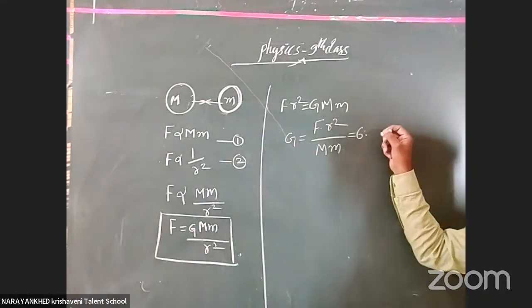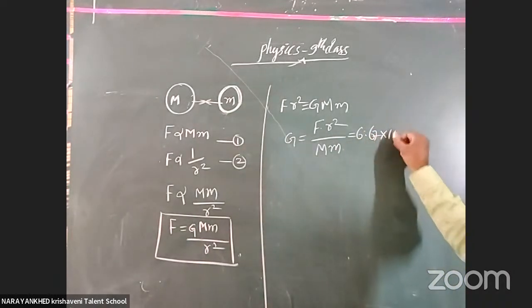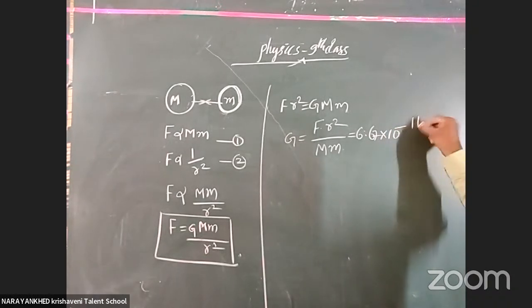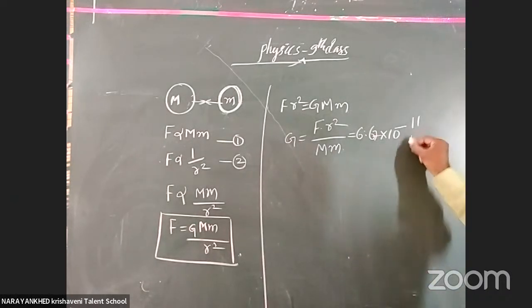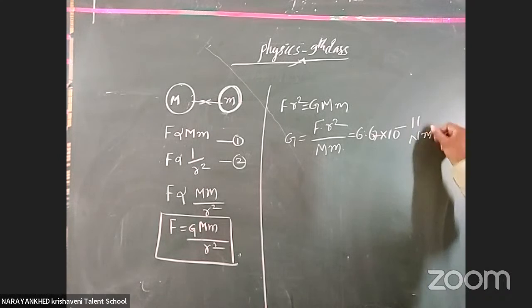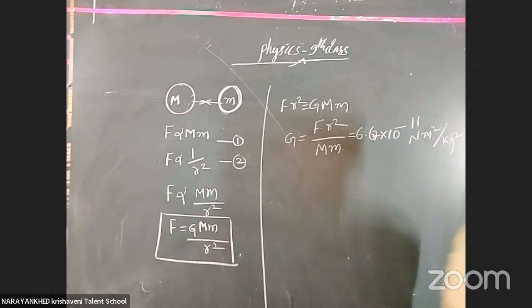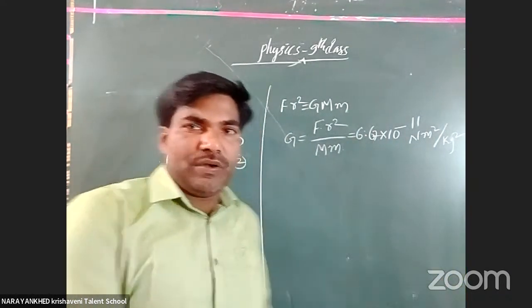The value is equal to what? 6.67 into 10 to the power of minus 11 Newton meter square by kg square. This is only about the units of our gravitational constant. I hope you got it here.